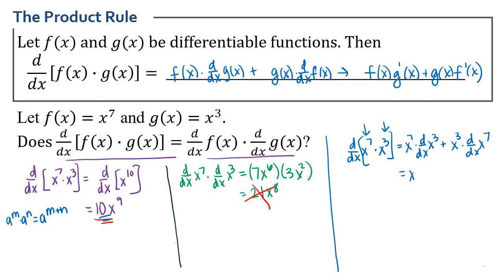That gives me x to the 7th times 3x squared plus x cubed times 7x to the 6th power. Using exponent properties, this gives me 3x to the 9th plus 7x to the 9th. So I have in total 10x to the 9th. That matches up. Yay!